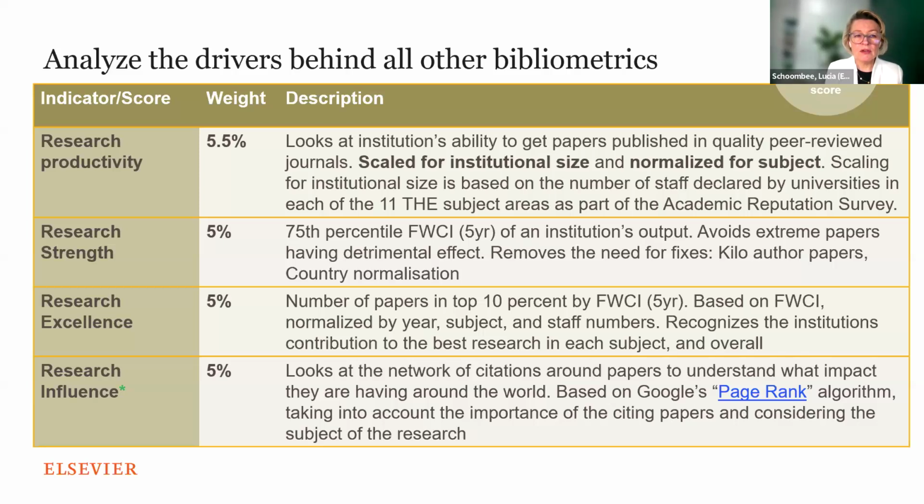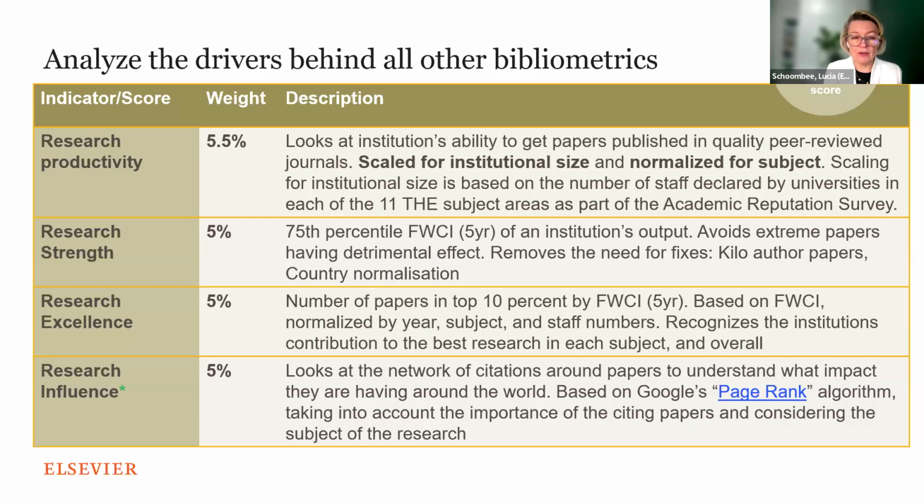This research productivity metric is also scaled for institutional size. It's also normalized for subject area. So it's very clear that for arts and humanities, for example, that publication count will be lower. So there's quite a bit of normalization that is done by Times Higher Education in terms of the 11 subject areas that are covered.